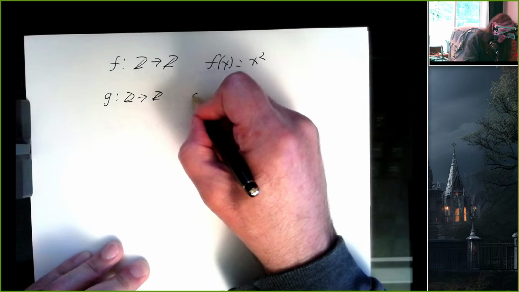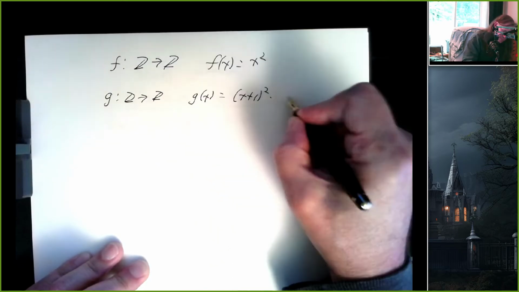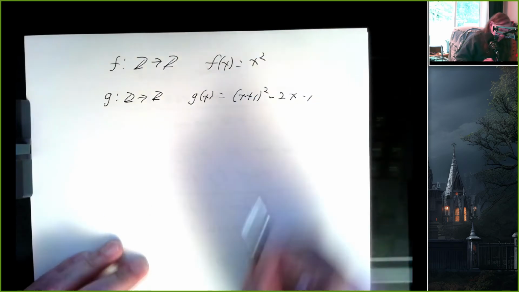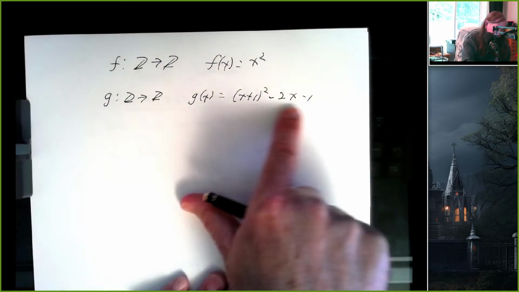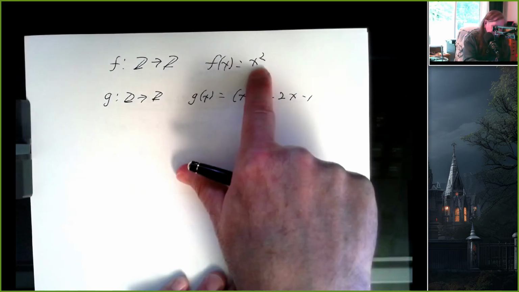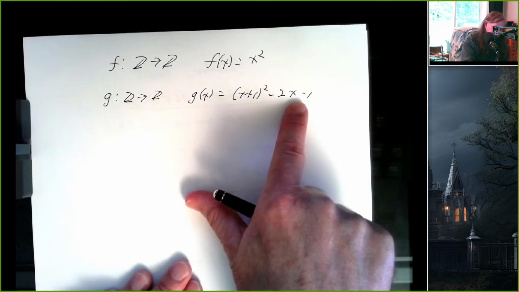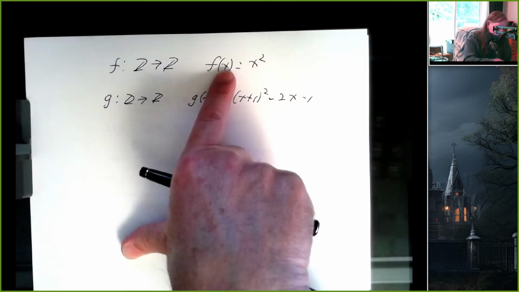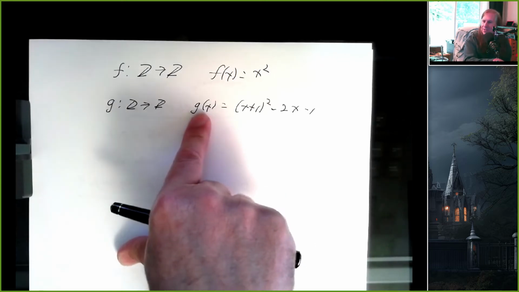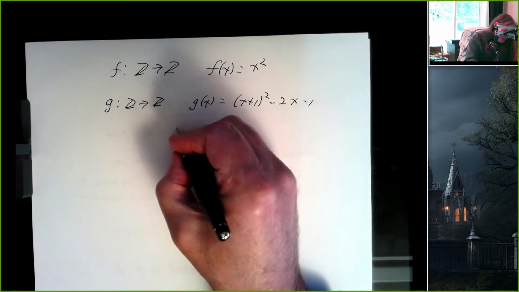I mean, this is kind of a silly example. We have this thing called algebra that we could use to expand this and find out that this expression is equal to x squared. But if we didn't know algebra and we were just given this function and that function, we could evaluate this at every integer and evaluate that at every integer, and we'd see they were exactly the same, and so we could say, okay, f is equal to g.